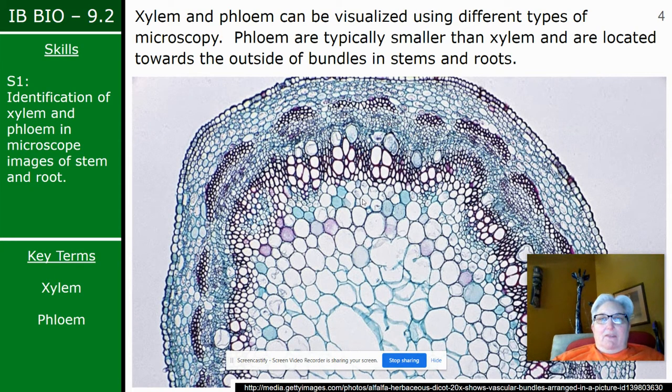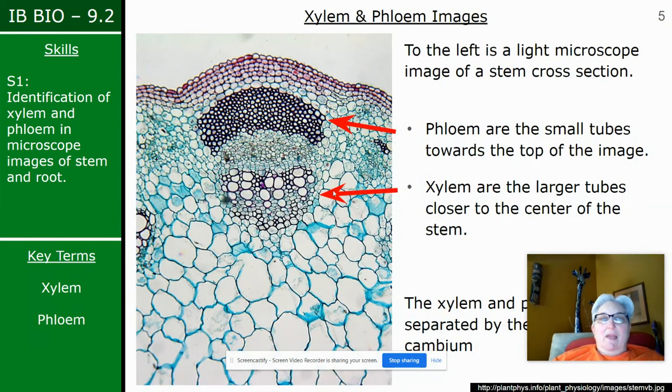All right, if we're looking at this kind of drawing here, what we can see are really the two types of vascular systems. The xylem, which we see right in here, and the phloem, which we see these tiny little vessels, much smaller than the xylem over here, that are going to move substances through the root system and then up into the stem system of our plants.